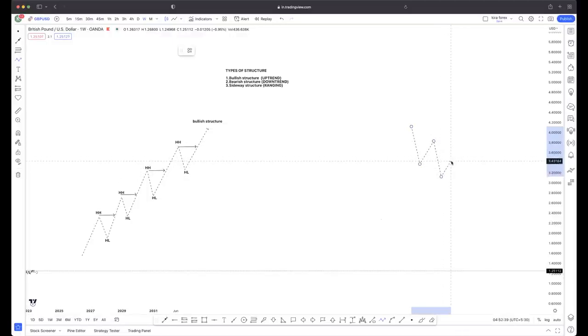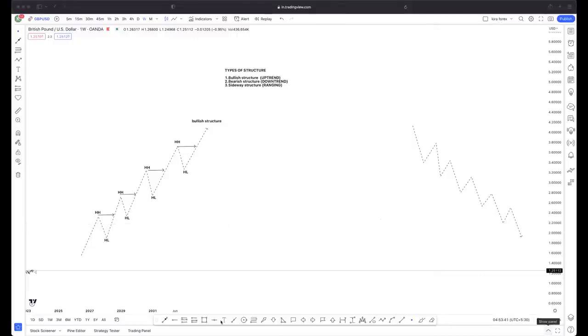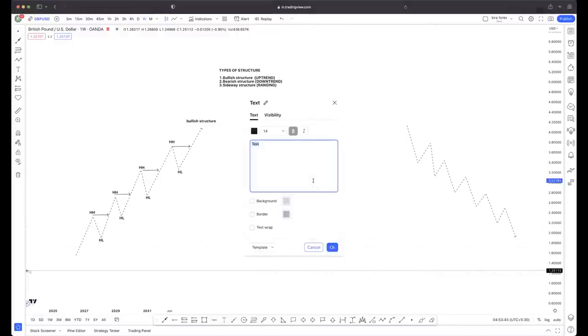Here we have a series of lower lows, lower high, lower low, lower high, lower low, lower high, and lower low. Now let me fix in the text for lower high and lower low.